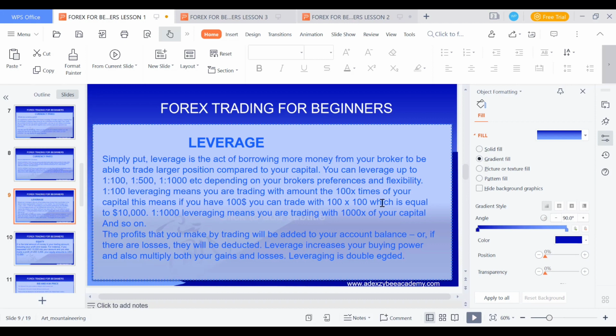So it can act in the market as $1,000. If not for leverage, most people may not be able to trade because it's so expensive to trade. Because of leverage, it makes it easier for you to trade with your little capital, as little as $10. $10 with 100x is going to be acting as $1,000 in the market.